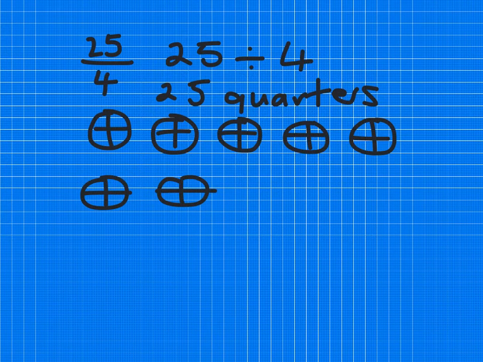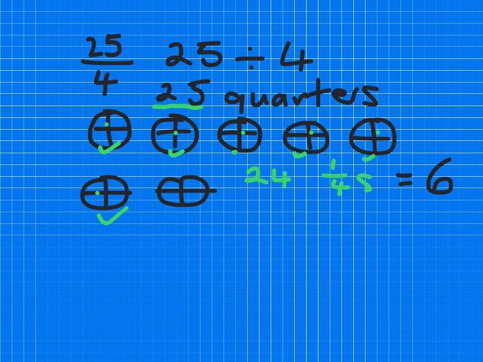That's plenty. We actually want 25 quarters, so by the time we've got 24 quarters, that's going to be 1, 2, 3, 4, 5, 6. That's going to fill up 6 wholes.